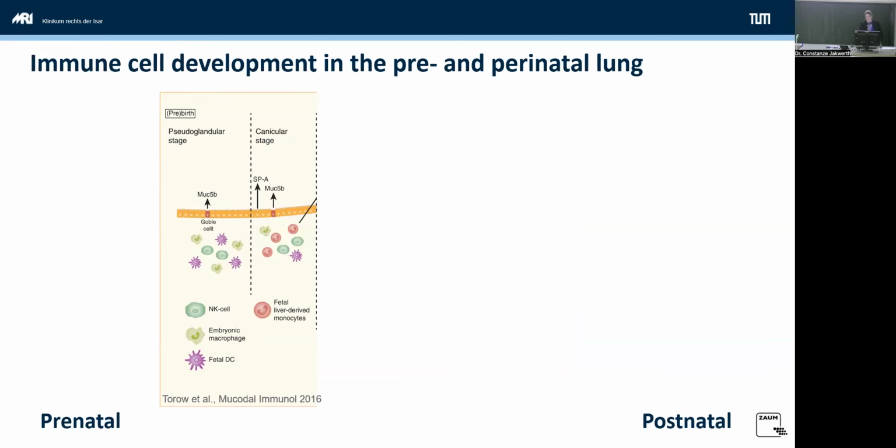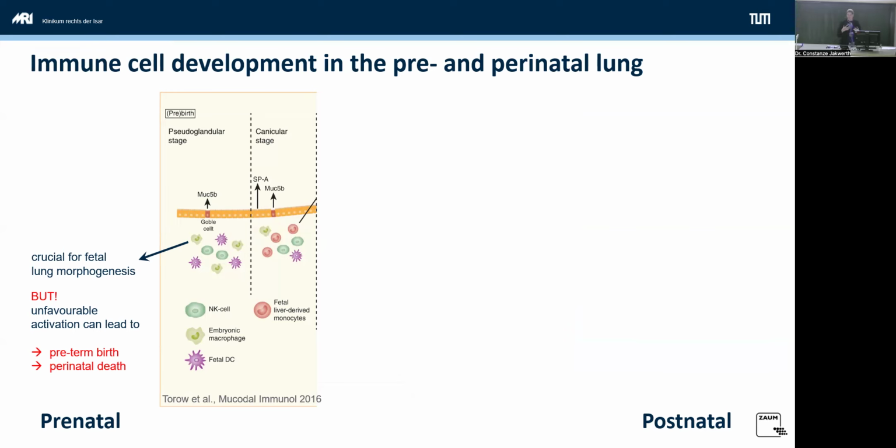During the immune cell development in the lung, there are a few cells I would like to mention. The embryonic macrophage is crucial for the fetal lung morphogenesis. In particular, it secretes cytokines that lead to angiogenesis and to the building of the alveoli, of the branchings and so on. But you do not want to excite these macrophages.